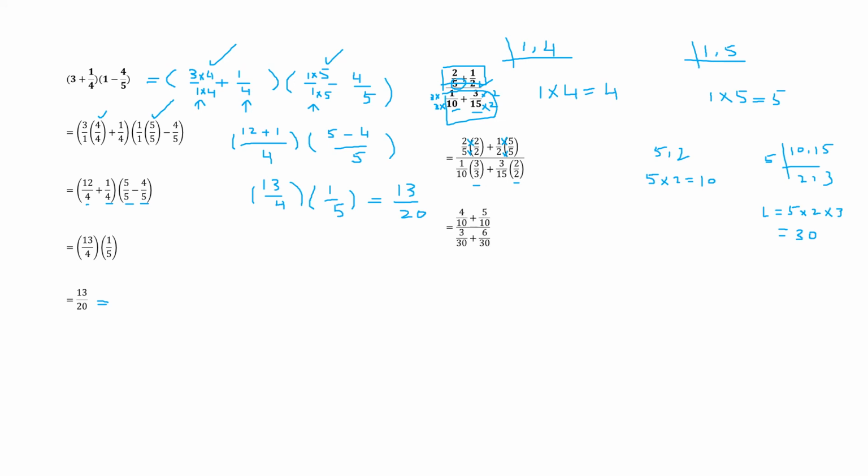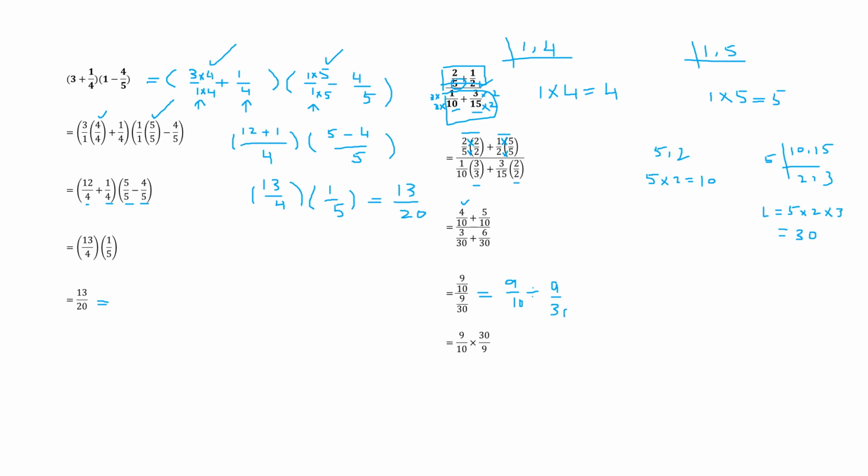Now simplifying these two and these two gives us 9 by 10 and 9 by 30, and this is actually 9 by 10 divided by 9 by 30.